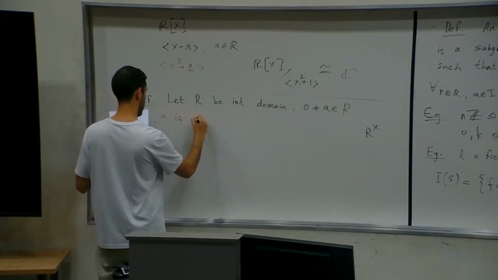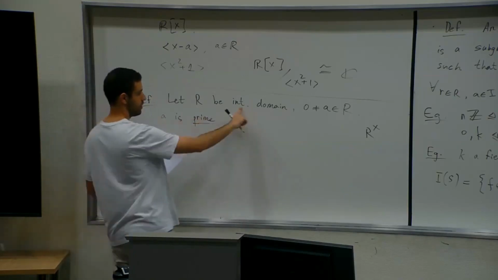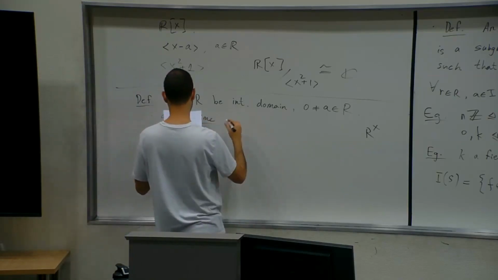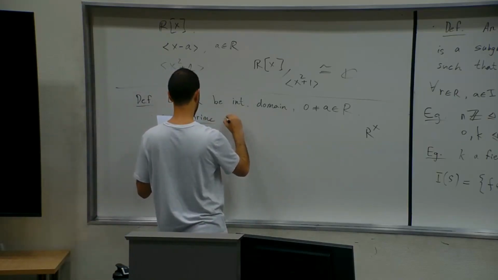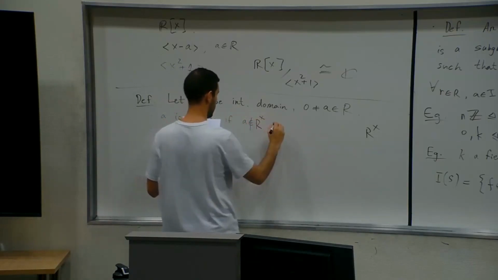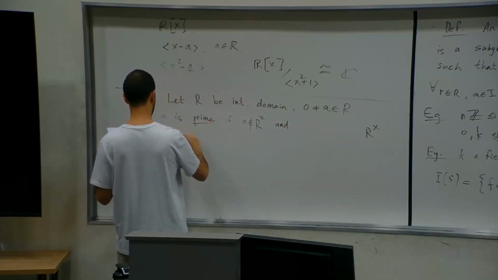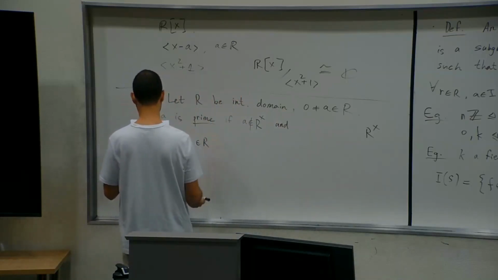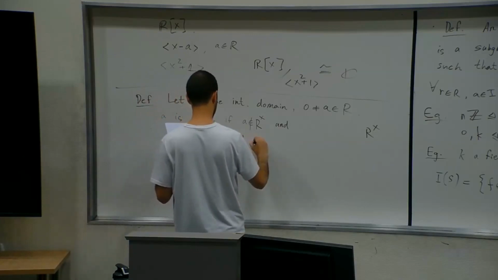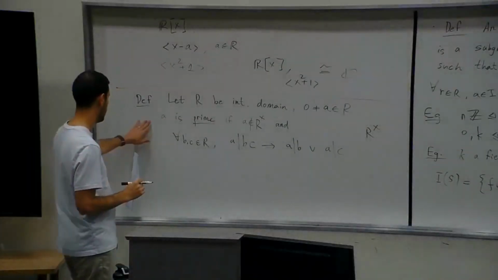Now, when is an element in an integral domain prime? If a is non-zero, it's not a unit, and for every b and c in R, if a divides bc, then a divides b or a divides c.